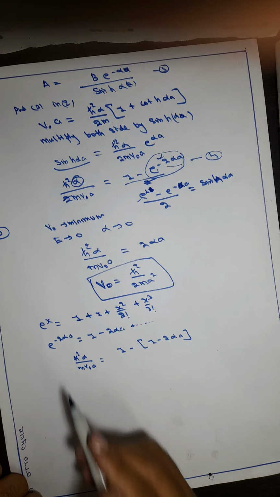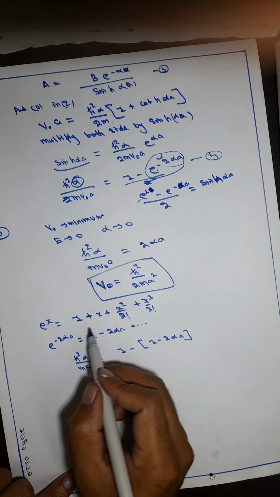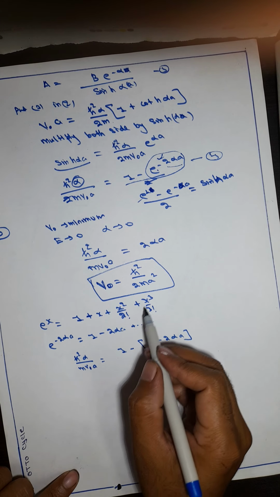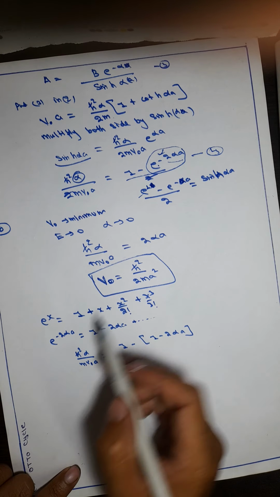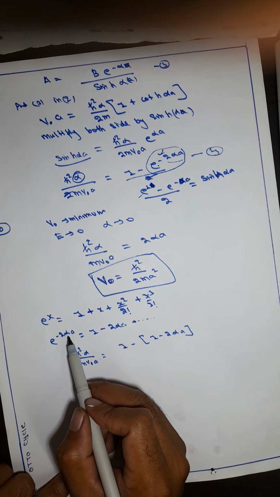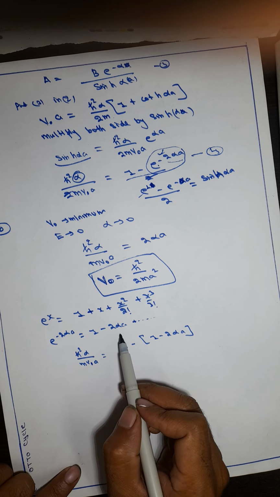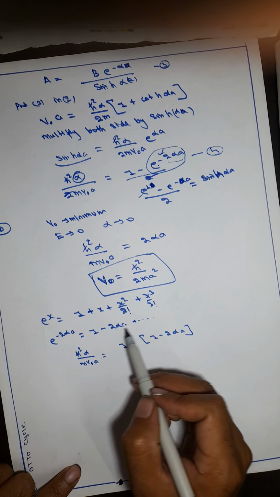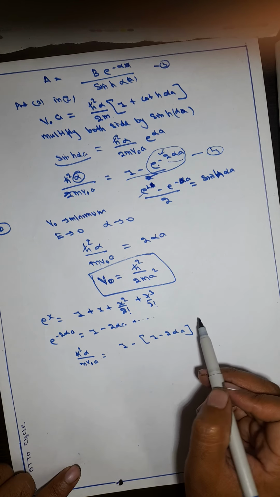The power series is e^x equal to 1 plus x square by 2 factorial plus x cube by 3 factorial. So we just need to put this for minus 2 alpha a: 1 minus 2 alpha a plus the square of this term divided by 2 factorial and so on.